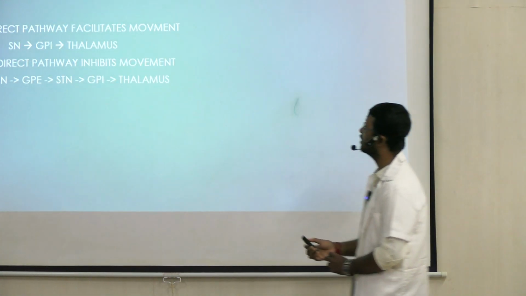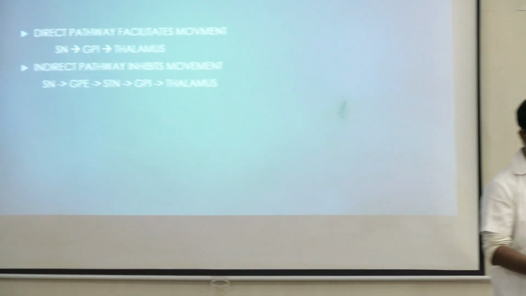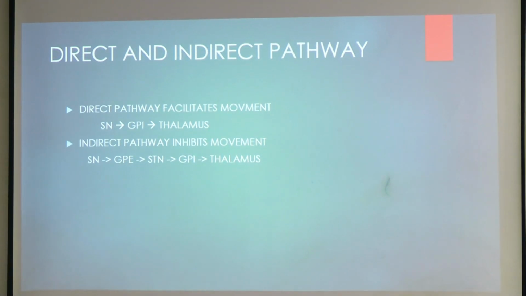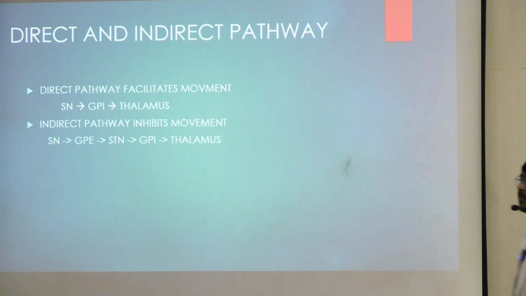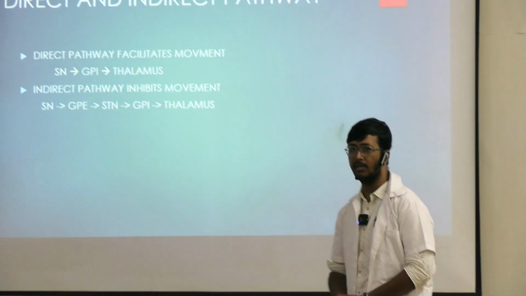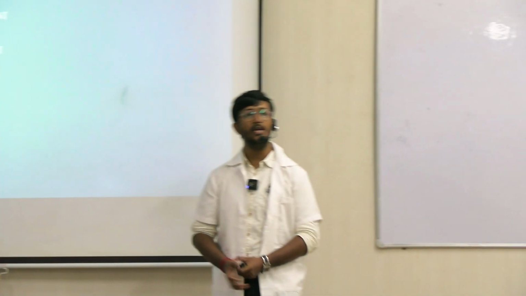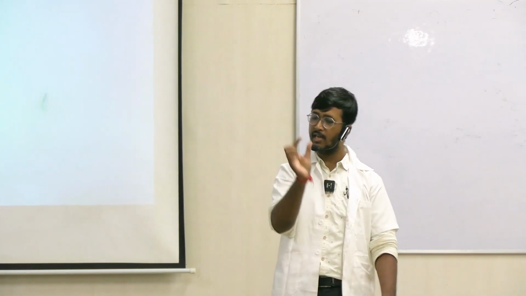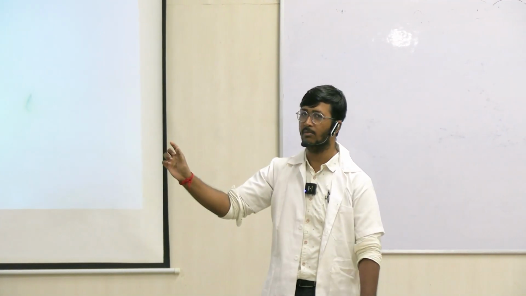Now going back to the direct pathway and indirect pathway. Basically the direct pathway will be facilitating movements. So any movement of our body will be facilitated by the direct pathway, and the indirect pathway will be inhibiting the movement. So D for development of the movement, indirect pathway, in for inhibiting the movement.